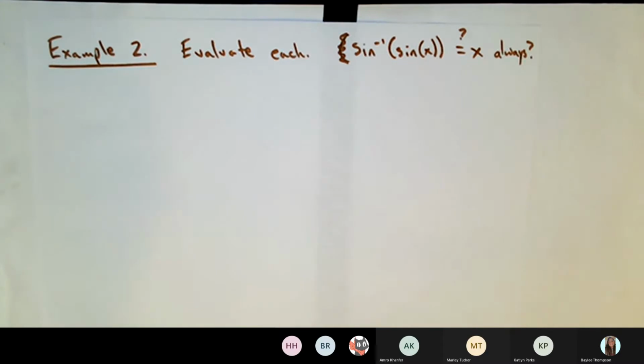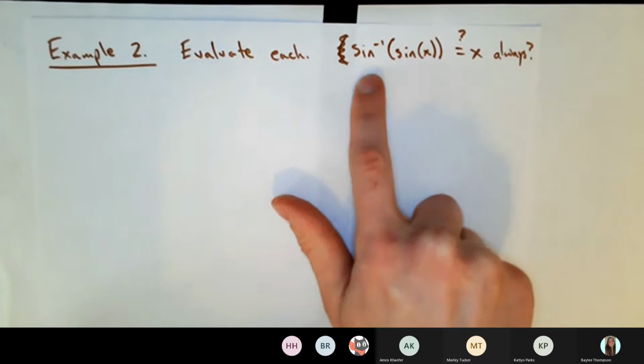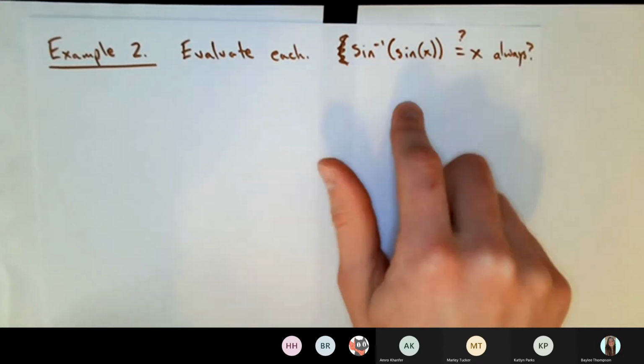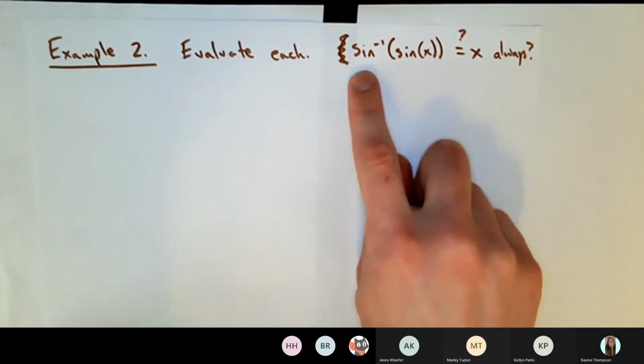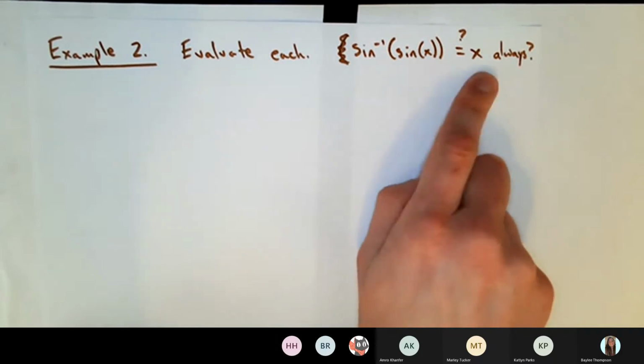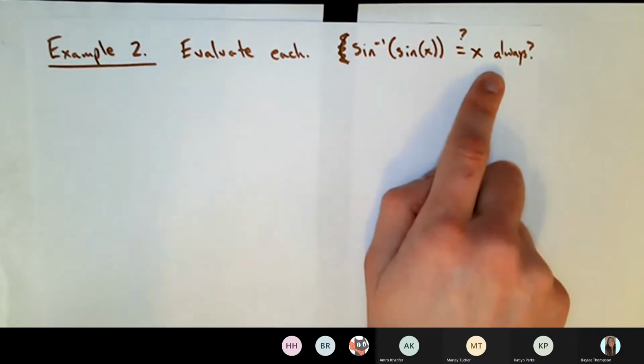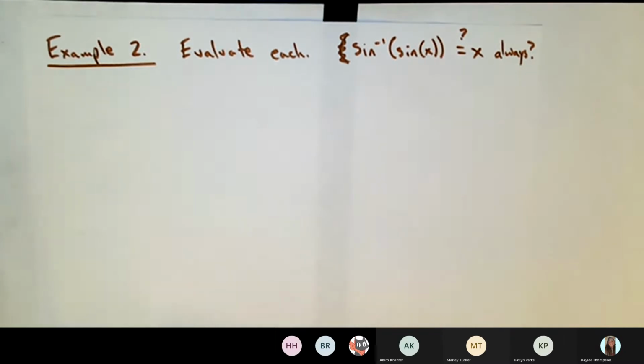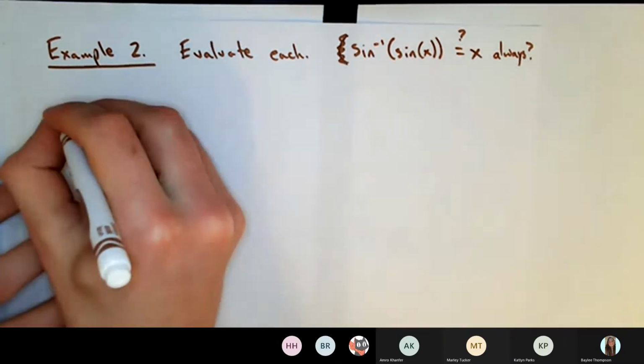Well, the answer is no, not always, because of that weird issue where it can be falling outside of the range. Ideally, yes, because this is how inverse functions should work. They should cancel each other out, and if you take the composition, you should just get that input out, right? It cancels out and you just get the x. But let's look at some examples where that doesn't exactly work.